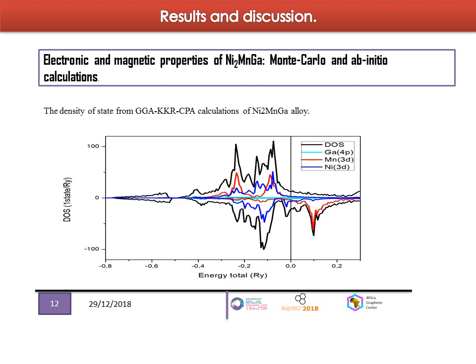It is concluded that the 3d orbitals of nickel and 3d of manganese and 4p of gallium Ga contribute the most to the total density of states of Ni2MnGa, because these orbitals are not occupied, and the contribution of the orbital 4p of Ga is negligible.